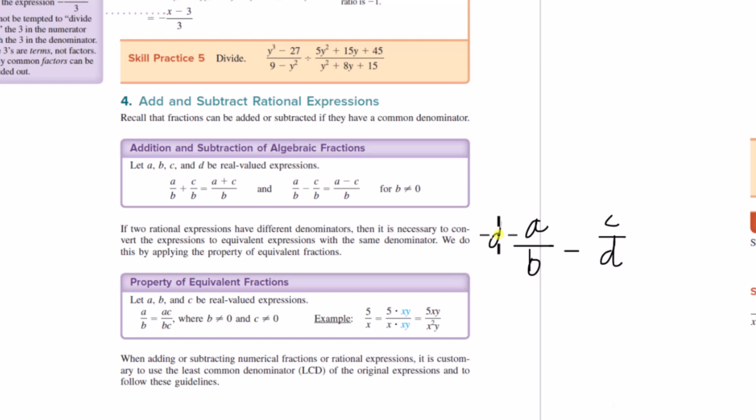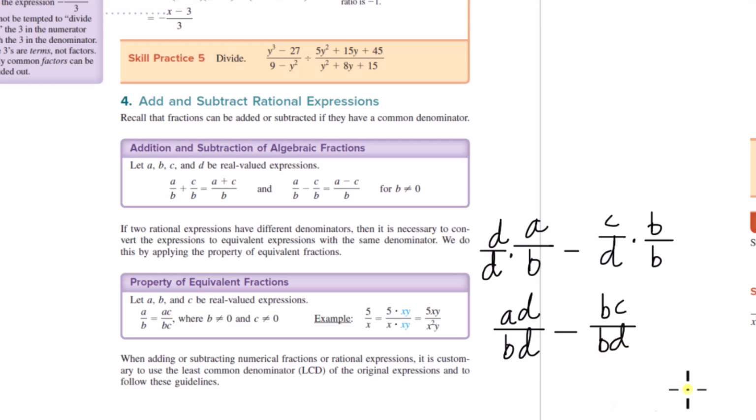We can multiply this by d over d. And if we multiply c over d by 1, it's still just c over d. So we can multiply this by 1 in the form of b over b. So we have the same exact expression. We just multiplied both of the terms by 1, which doesn't change anything. And so what we get is AD over BD minus BC over BD. Now we've got an equivalent expression, but with a common denominator.